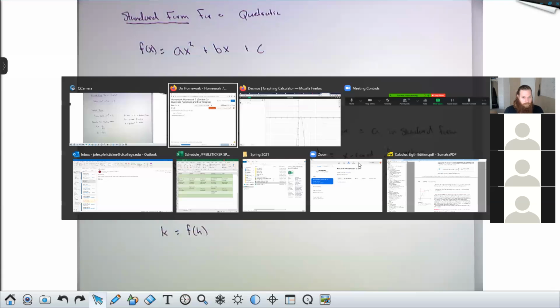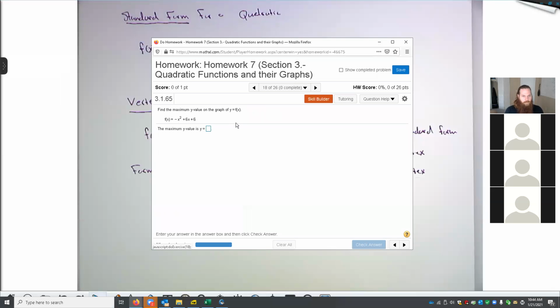So let me show you what that looks like. We'll come back here to this particular problem. We've got negative x squared plus 6x plus 6.